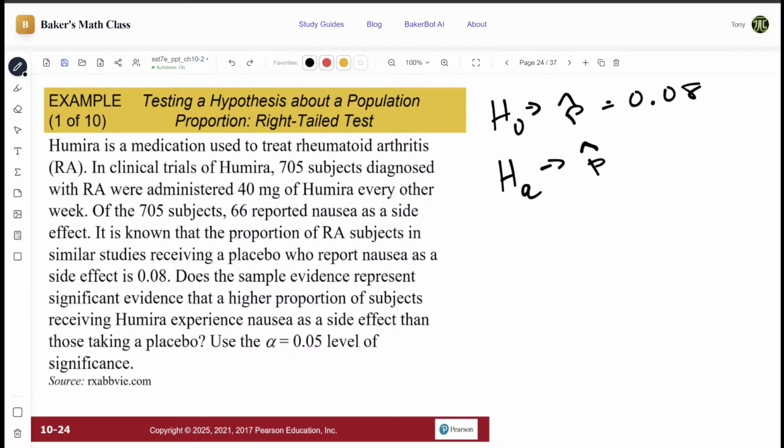So what's my alternate hypothesis? What are we trying to determine? Yeah, so they say, does the sample provide significant evidence that a higher proportion of subjects receiving it? So higher would be greater than the 0.08. So that's the first thing we want to do.